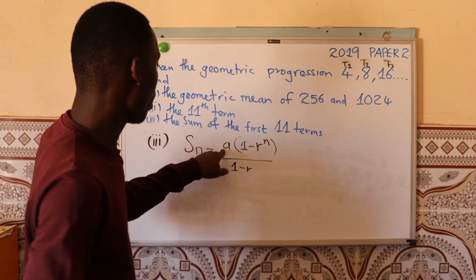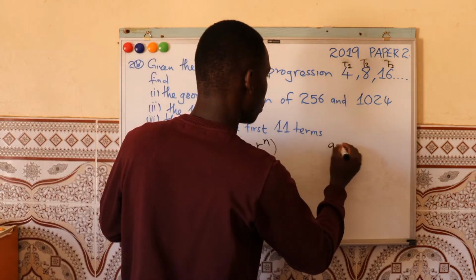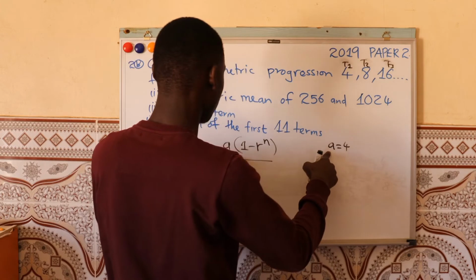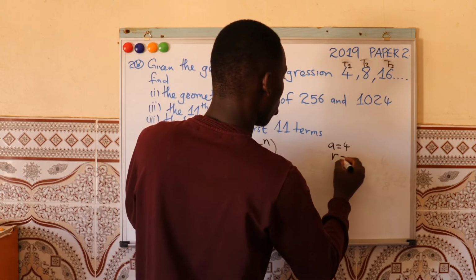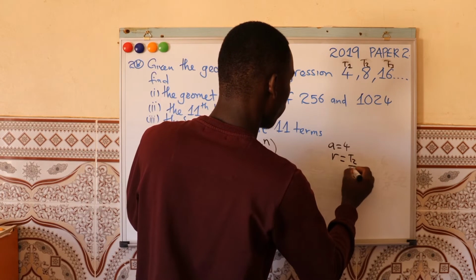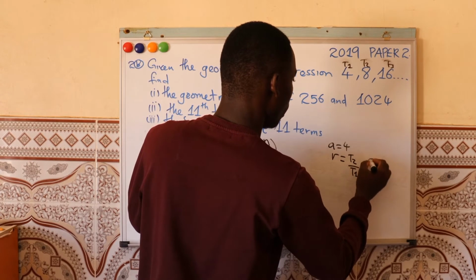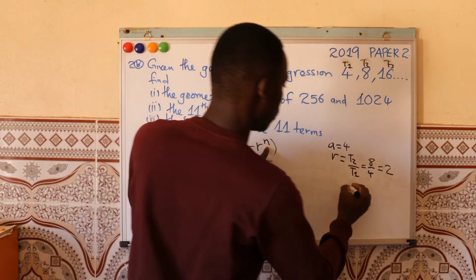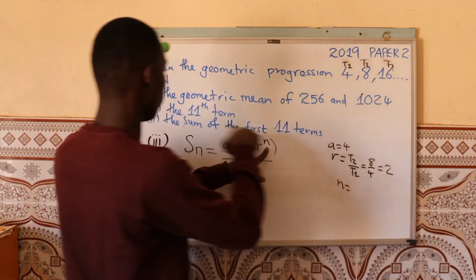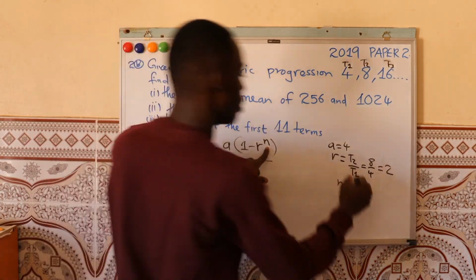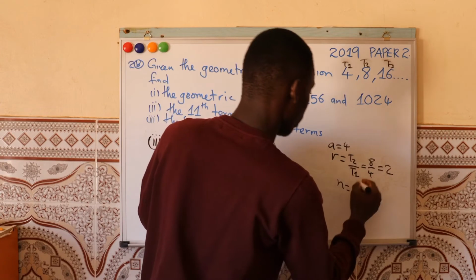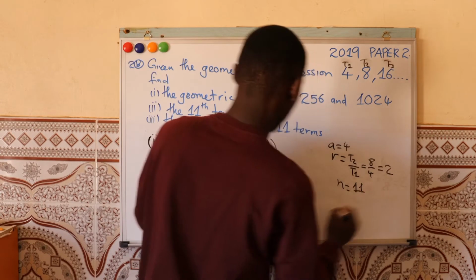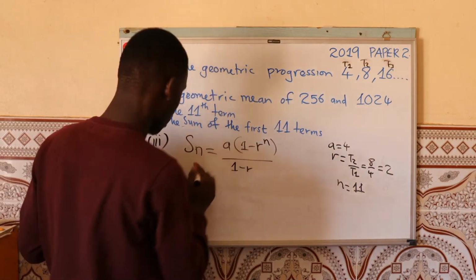Now, as we said, our A is equal to 4, which is our first term. Our R, which is our common ratio, is T2 over T1, which is 8 over 4, which is equal to 2. And our N is 11 because we're finding the sum of the first 11 terms. We replace these in our formula.